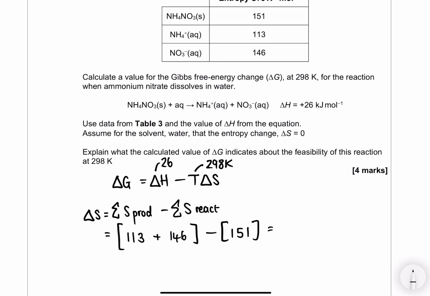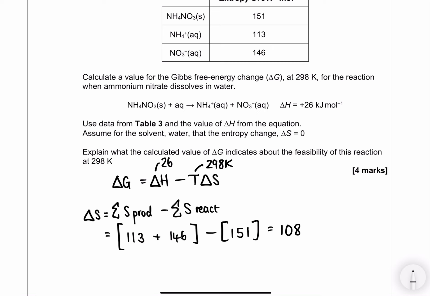So on your calculator, you're going to add that and subtract minus 151, and you get an entropy change of 108.